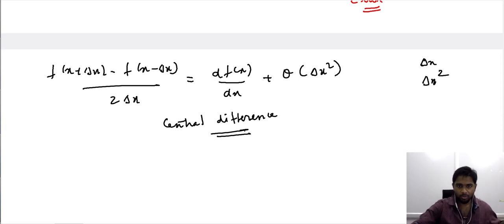And the way of employing the central difference for a function f of x: if you have a function f of x and you want to find a derivative for the function, this is what you need to do. You need to consider 2 time steps.